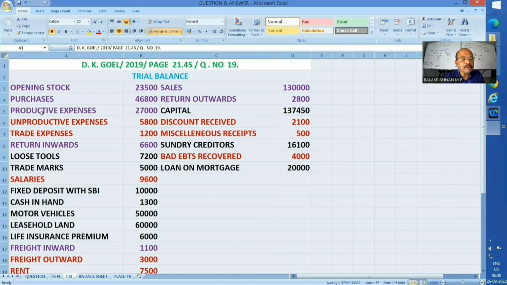This one for trading account, this one for profit and loss account, and this very white one for balance sheet. Okay? Having given such an elaborate lecture on the final accounts using my whiteboard as well as in the sharing mode, I'm pretty sure you are very clear about it. So only that principle I have adopted here.